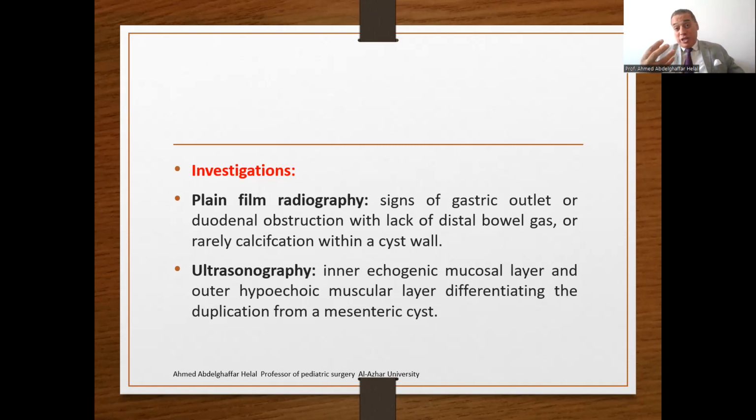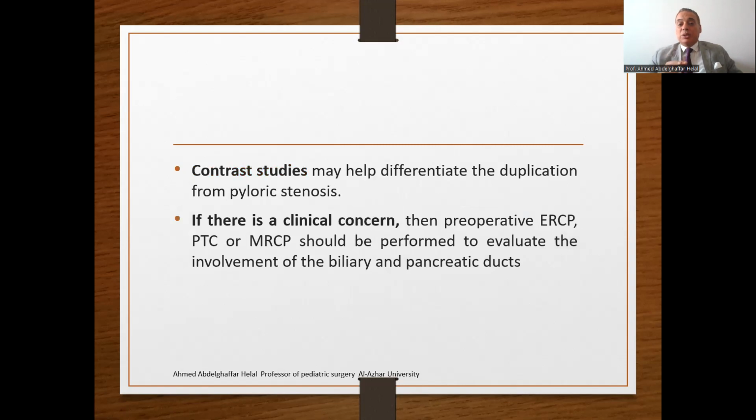So the echogenicity of the cyst may differentiate these from the mesenteric cyst by ultrasound. The contrast studies also may help differentiate the duplication from the pyloric stenosis if there is a clinical concern.